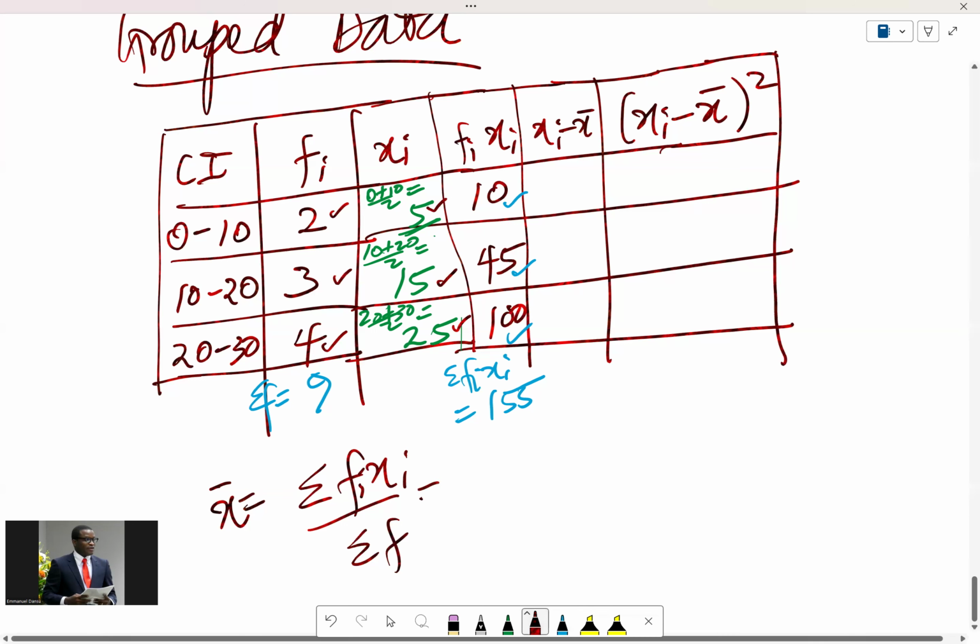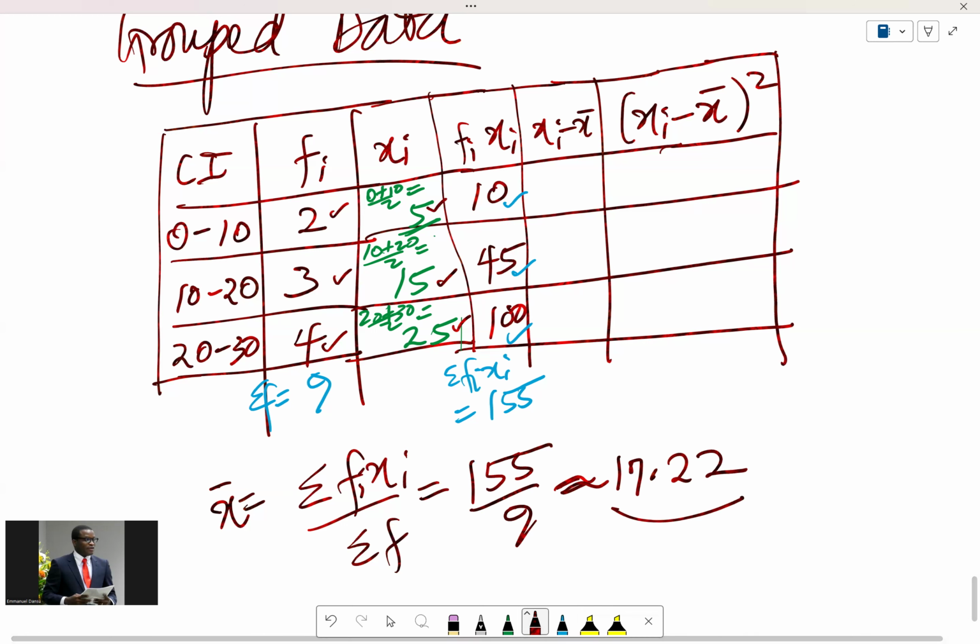So this is equal to 155 divided by 9, and that is approximately 17.22. This is our x bar now. So the next thing we need to do is, you see all these midpoints now, 5, 15, 25, will now be what we have here. First of all, we need to compute the square deviations, but let's do the deviation first.